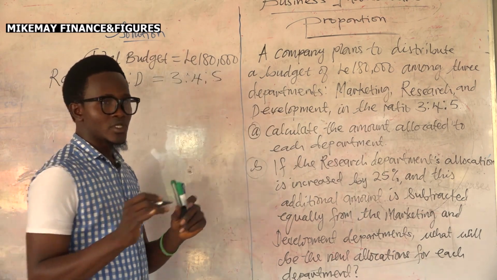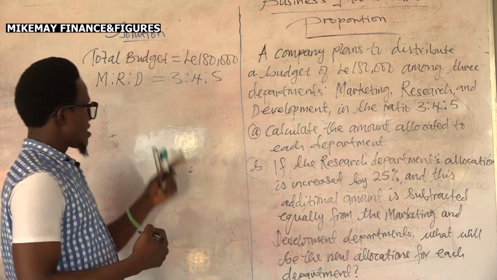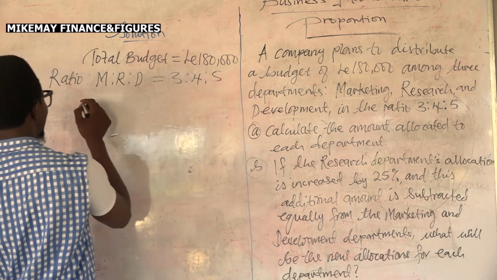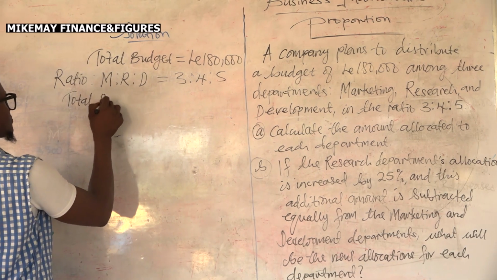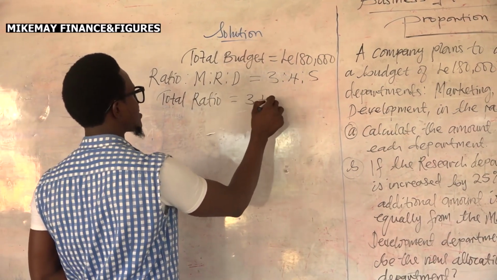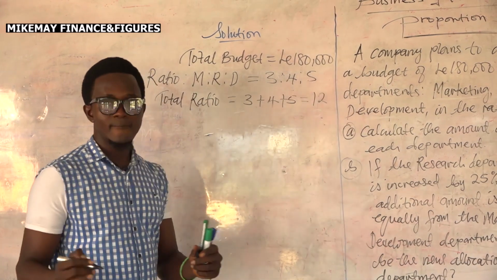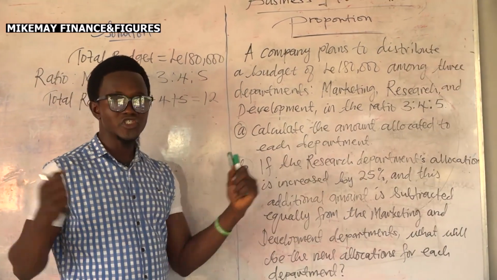All right? I did also tell you that each time you have a problem like this, go ahead and add the total ratio. So let's see, total ratio. Find the total ratio. The total ratio has to be the 3 plus the 4 and plus the 5. This is 12, right?